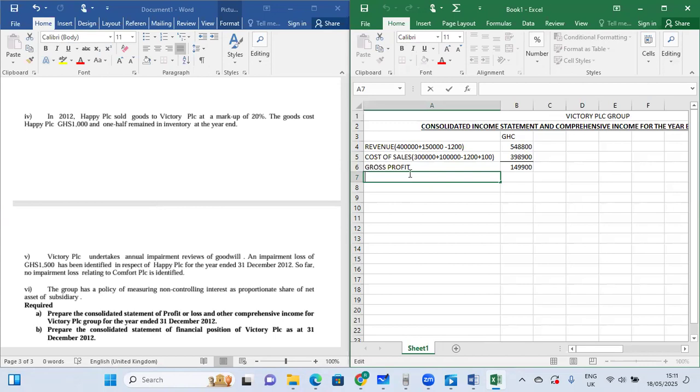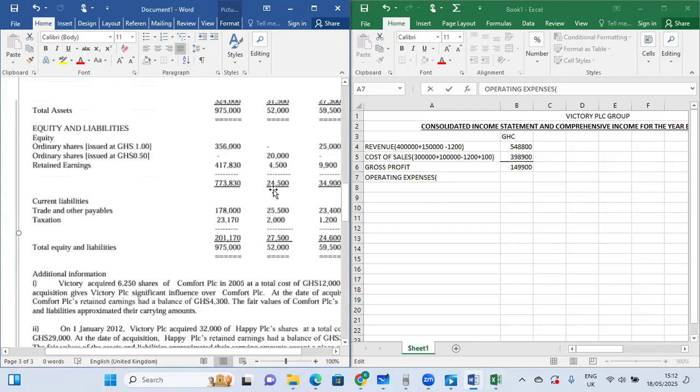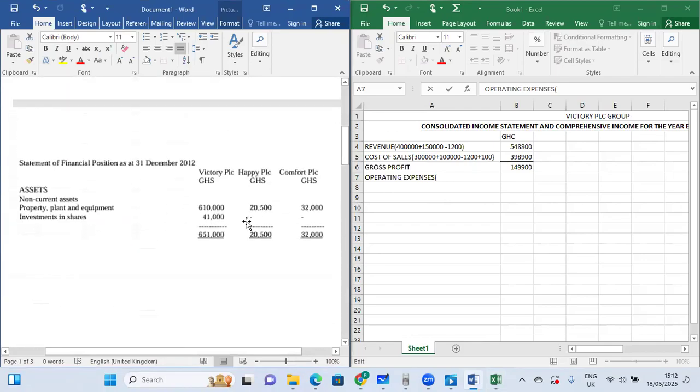And we come to our operating expenses. All right. So the operating expenses will also be the consolidation of both of them.